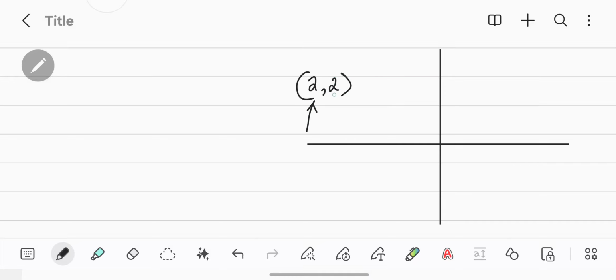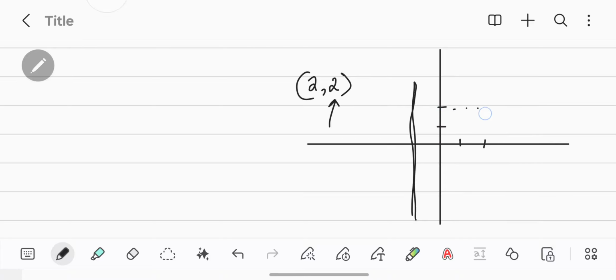This 2 means we have to move along the x-axis on the positive side by 2 units, 1 and 2. And the second 2 means we have to move along the y-axis on the positive side because the number is positive, by 2 units. This is 1 and this is 2.